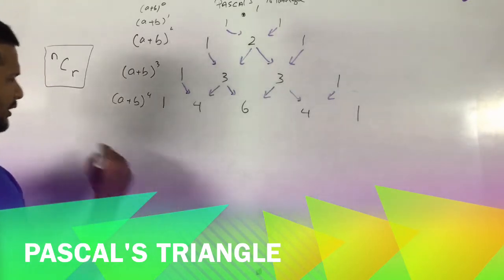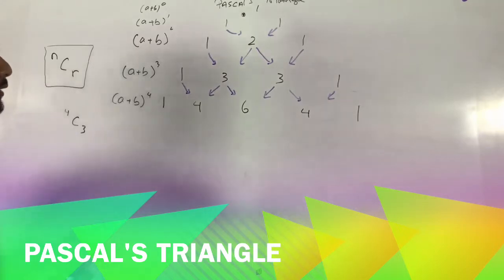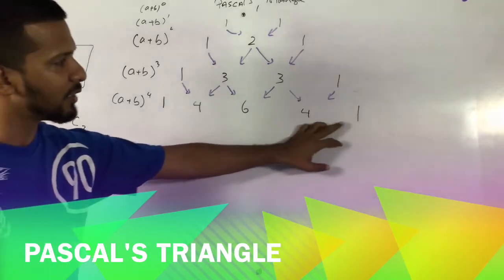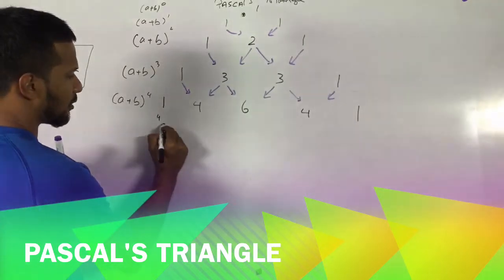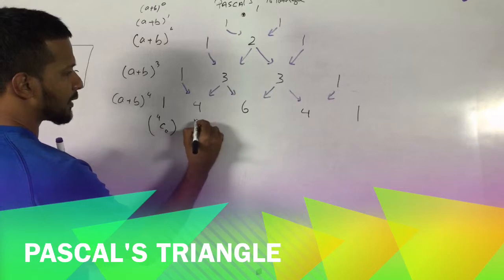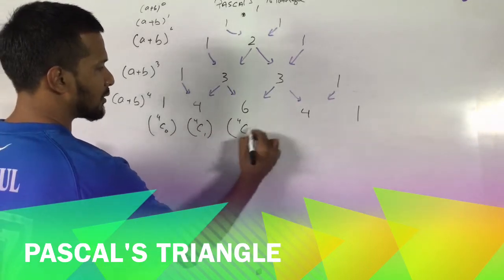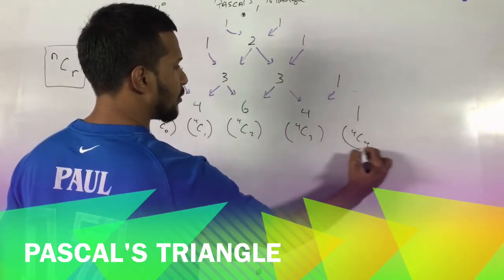Let's say I wanted to find 4C3. So we have 4C0, 4C1, 4C2, 4C3, and 4C4. I'm going to write it here for you. This will be 4C0, this will be 4C1, this will be 4C2, 4C3, and 4C4.